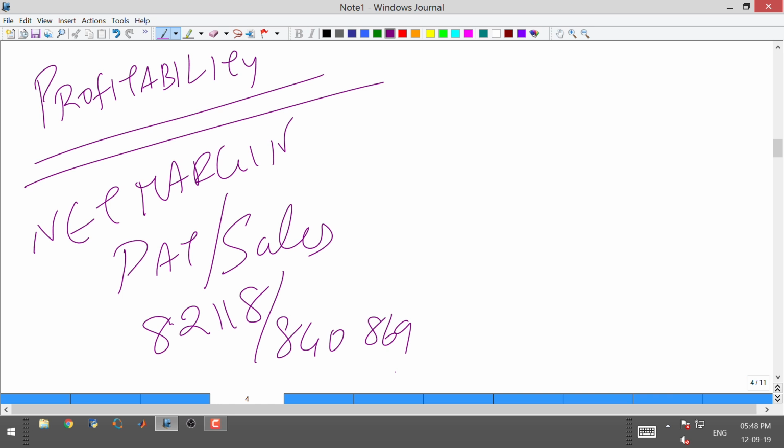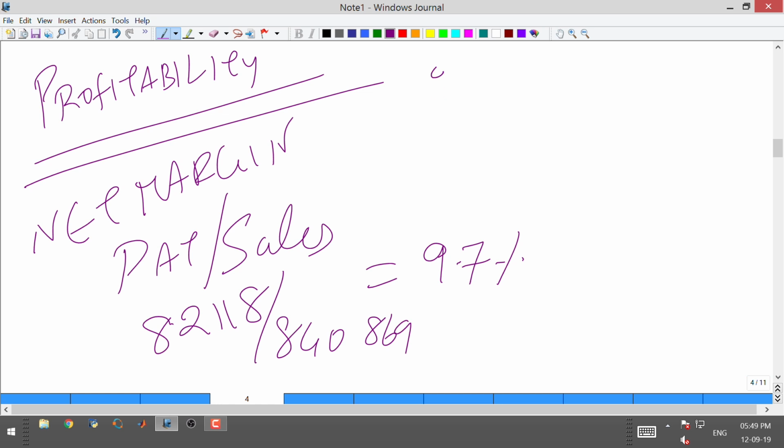You just express it as a percentage. That is roughly about 9.7 percent for 2018, or 9.76 or whatever you might call it.